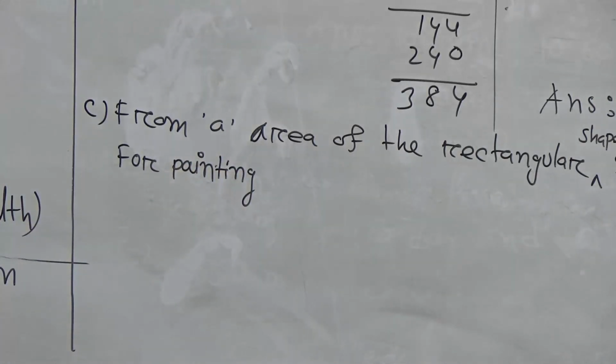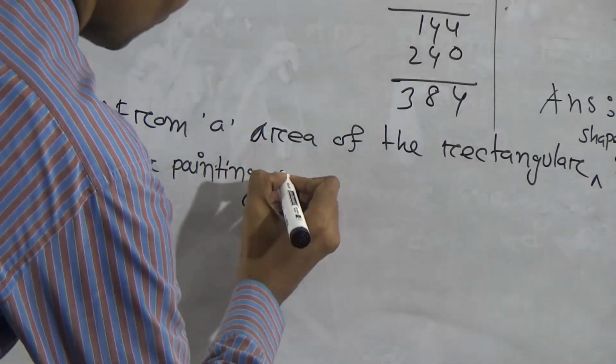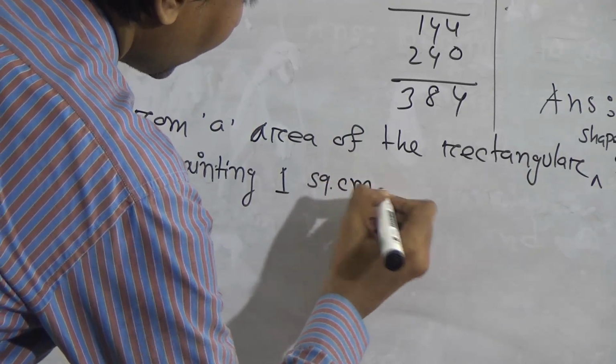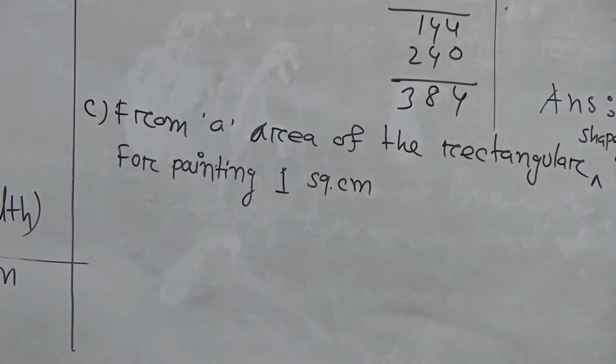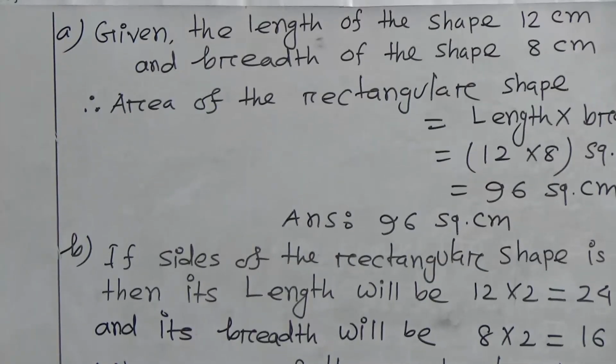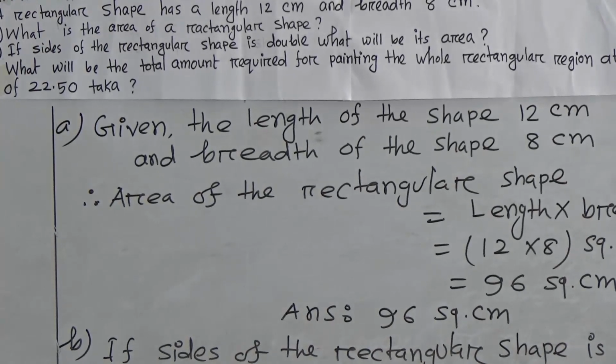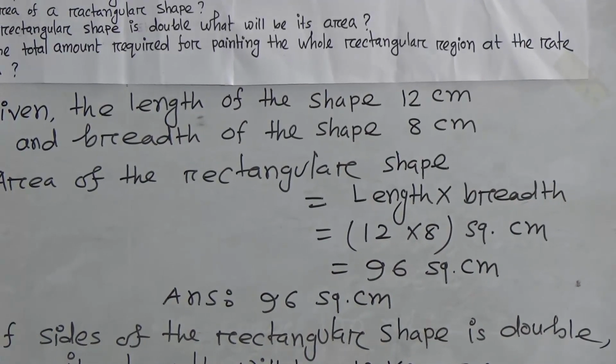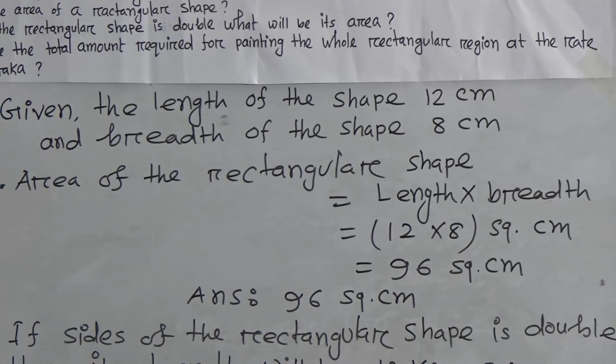For painting 1 square centimeter, what will be the cost? You see again the question, what will be the total cost required for painting the whole rectangular region? That means whole rectangular region means what? 96 square centimeter.